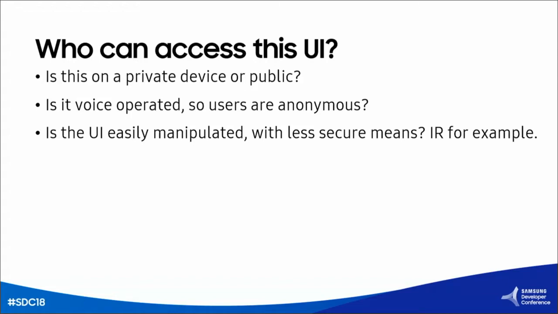Is it voice operated? If it is voice operated, is it anonymous access? So some voice systems will know who is talking and some don't. So that changes the dynamic of when you're designing your product, what kind of things you want to expose over security. And so knowing these things up front helps you think through it.